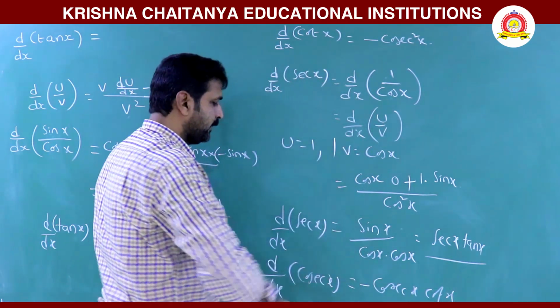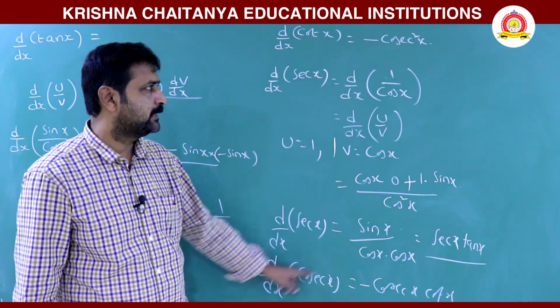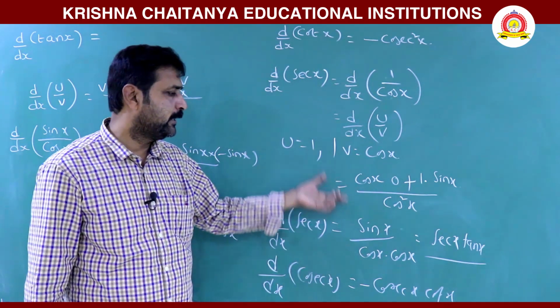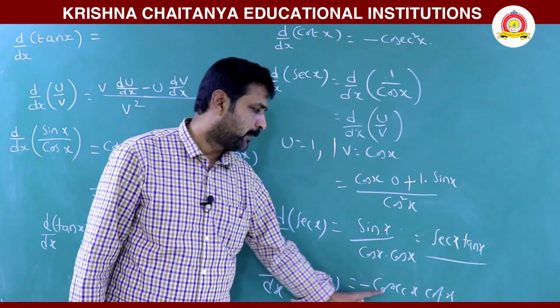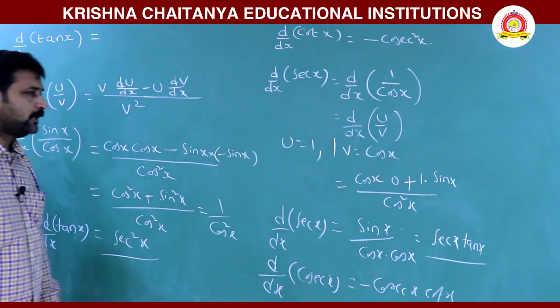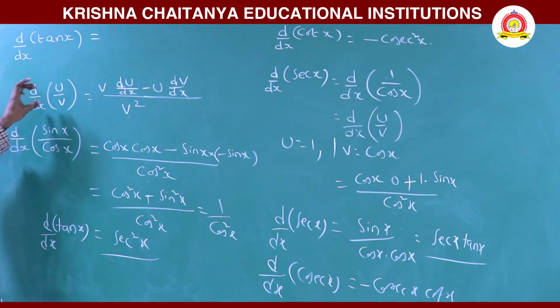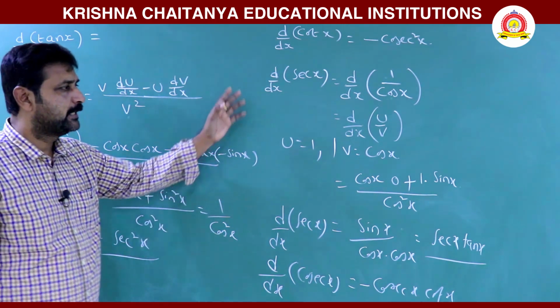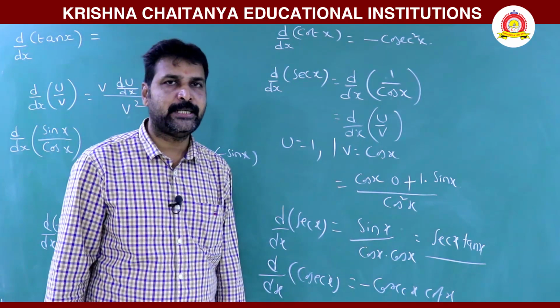Using the same method, you can take cosecant x as 1 by sin x, and taking the u by v method, you will get minus cosecant x cot x. So this is the usefulness of the u by v method, and this is the formula for the u by v method, and these are the formulae for tan x, cot x, secant x and cosecant x.